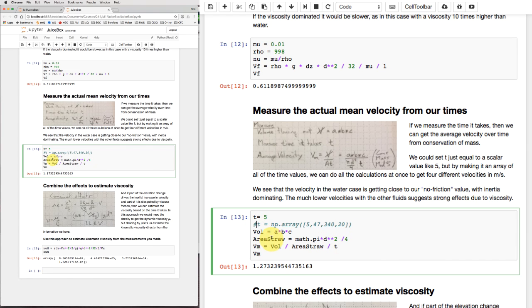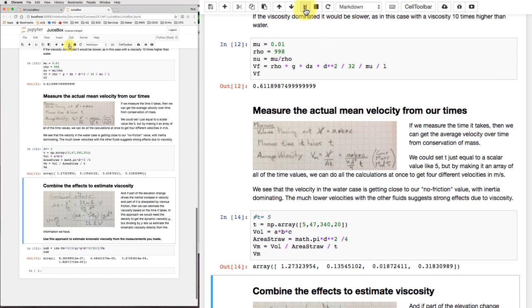Now if I go back instead and make t an array, this illustrates some more strengths in using a Python script. If that's an array, let's try doing the same calculation with an array. And what comes out? We get 4 different values. So we still get the 1.3 meters per second for our time of 5 seconds for the water.